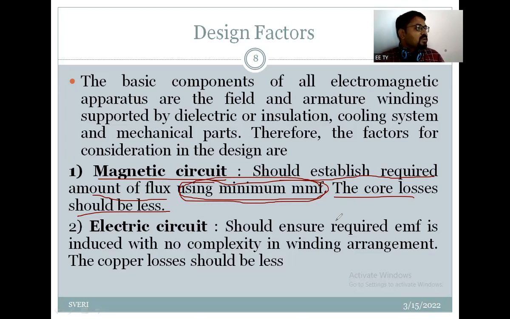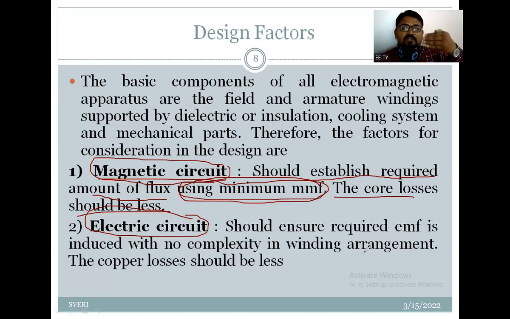And the point we have considered there is the magnetic circuit. Now, by taking the reference of this point, that is the magnetic circuit, the next point is the electric circuit. What they are saying is that in that particular electrical circuit there is an ensurement of the required amount of EMF that should be induced.